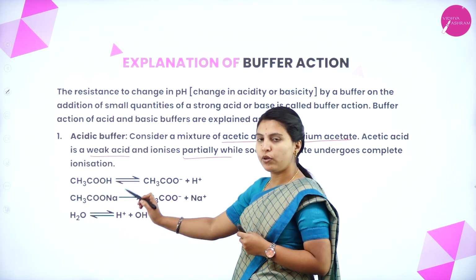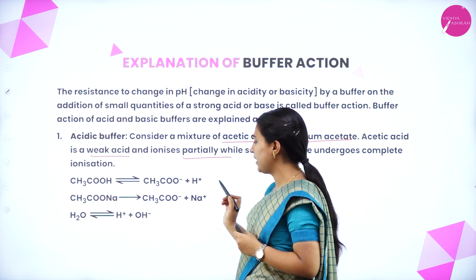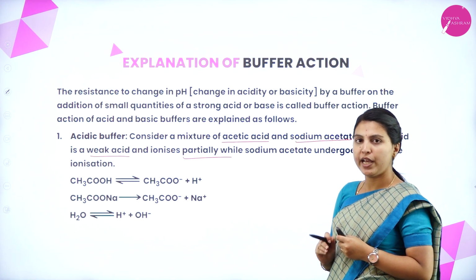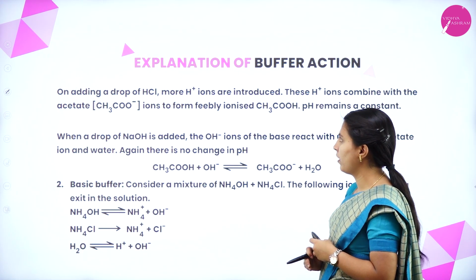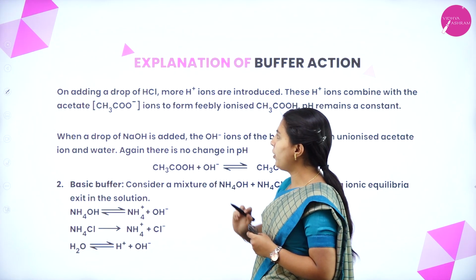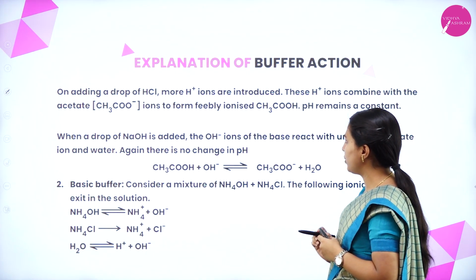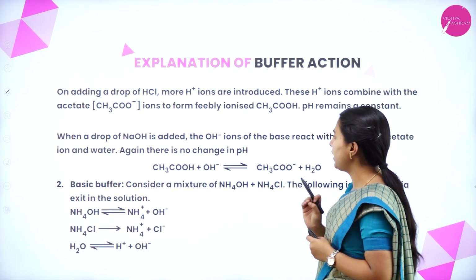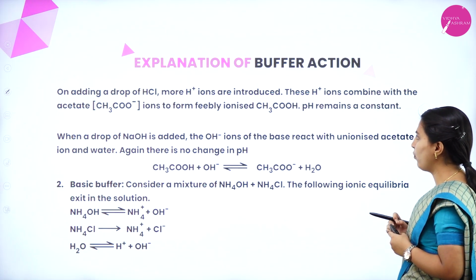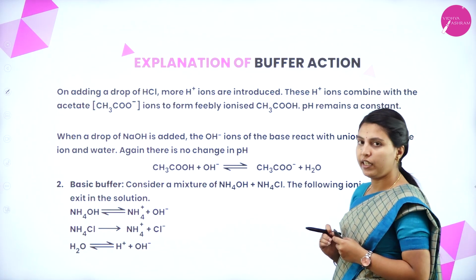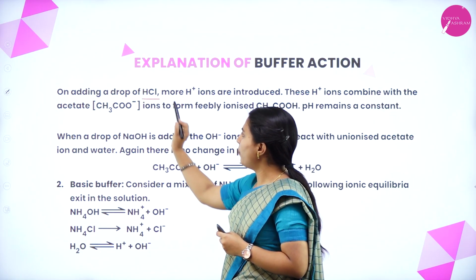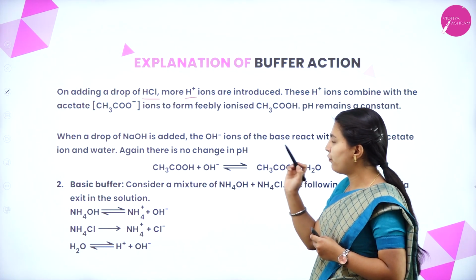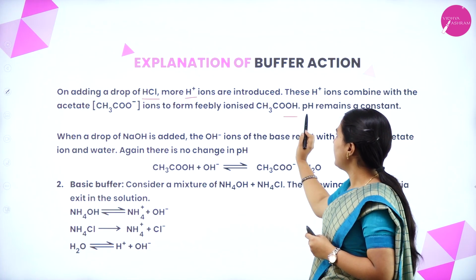Sodium acetate gives CH3COO minus plus Na plus, and water H2O gives H plus and OH minus. On adding a drop of HCl, more H plus ions are introduced. These H plus ions combine with the acetate ions to form feebly ionized CH3COOH. pH remains constant. Here, what are they adding to check? A drop of HCl liberates more H plus ions, which combine with the acetate ions to form feebly ionized acetic acid.